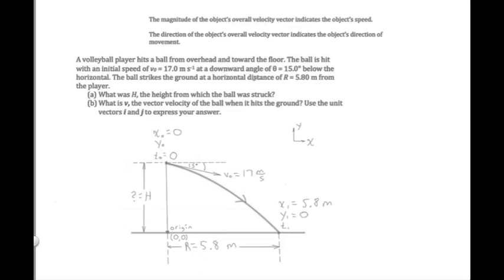We were also given the initial angle of movement, the direction of movement of the object. But if you know the object's direction of movement, then you know the direction of the velocity vector, according to these rules. So even though the problem didn't mention velocity, it gave us the exact information we need to know the magnitude and direction of the velocity vector. Remember, velocity is a vector, so it has a magnitude and a direction.